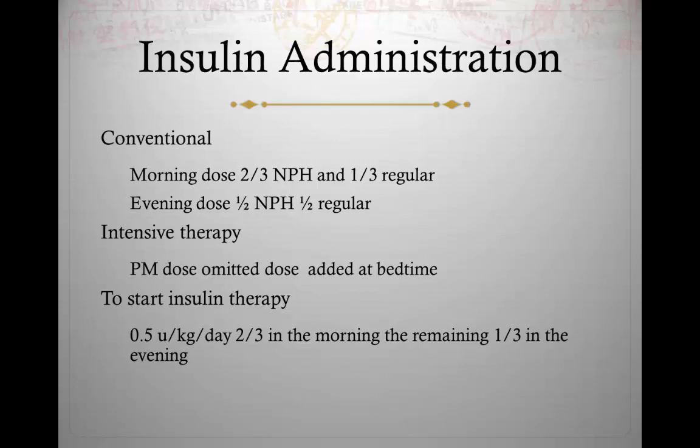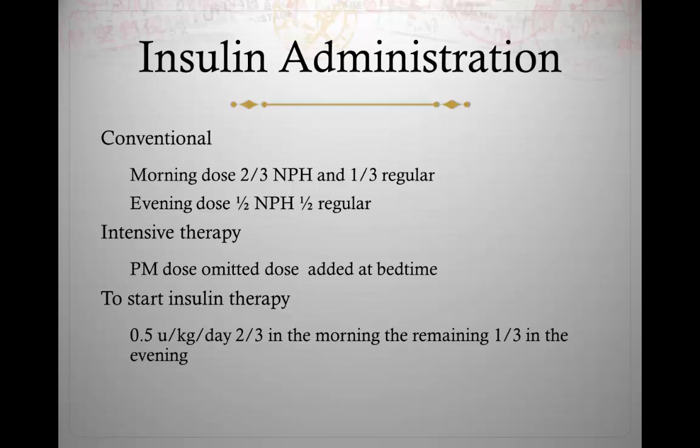you're going to give two-thirds in the morning, and the remaining one-third in the evening. And from that, you're going to give two-thirds NPH and one-third regular in the morning, and in the evening you're going to do half NPH and half regular. So again, first do 0.5 times kilograms per day.